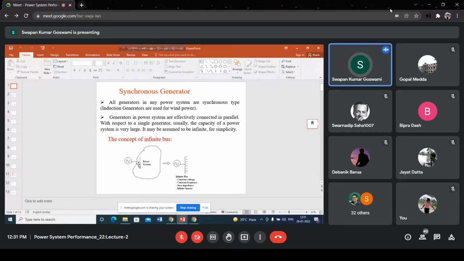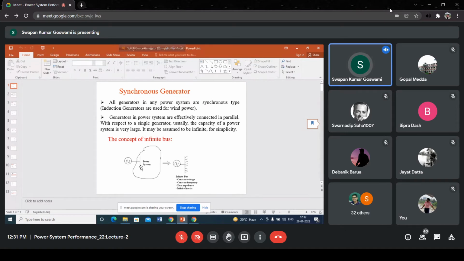So what is the property of this large capacity system, which is reflected in a single bus called the infinite bus? It has a constant voltage. We assume that the generator is connected to the power system, and at this bus the system voltage is fixed.